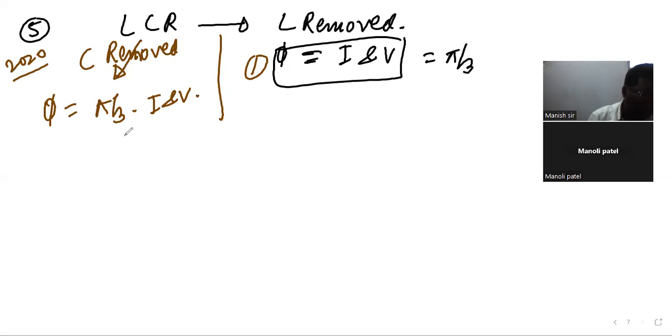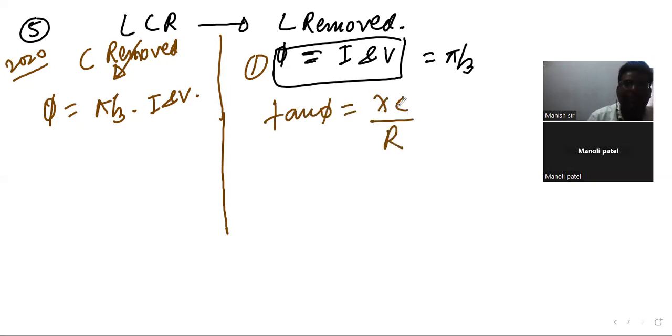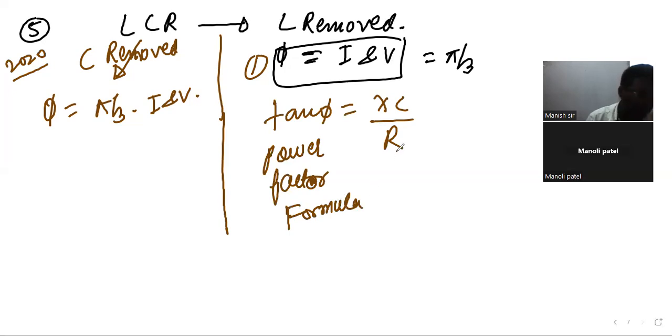So power factor is given by, right? So when L is removed, for the first case I am solving, it will be tan of phi is equal to XC upon R. There is no L, so XC will be remaining there, right? So this is the power factor formula, right? So we can put the value tan theta, pi by 3, is equal to XC upon R. This is the first equation.